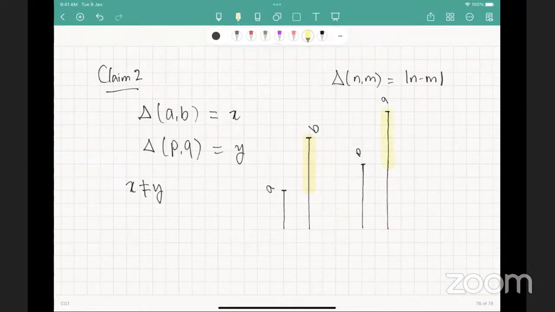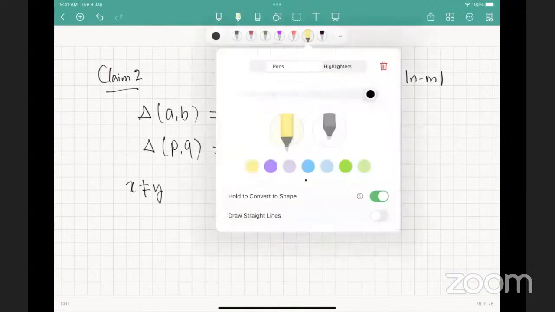So what you do here is look at the smaller of the two numbers and look at which pair has a larger smaller number, right? So in this example here, you see that A is smaller than P, right? And so I claim that AB is accessible from PQ.